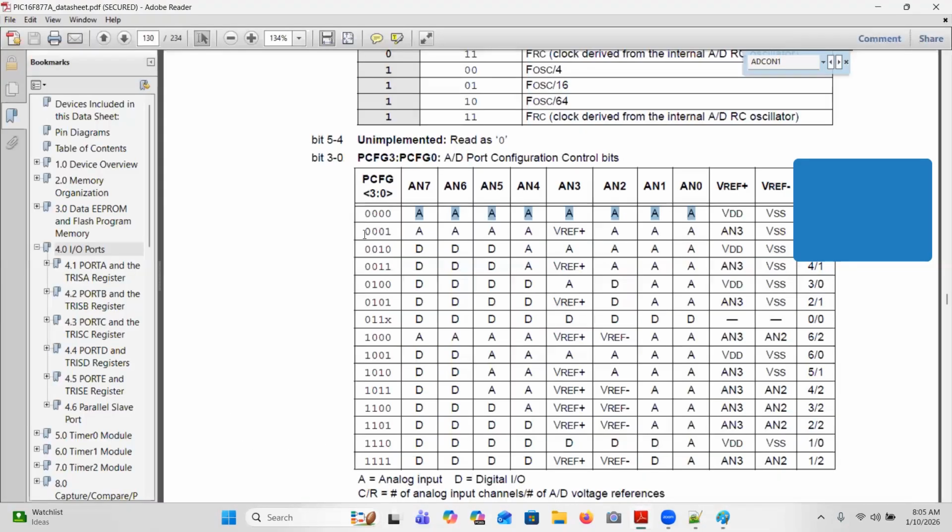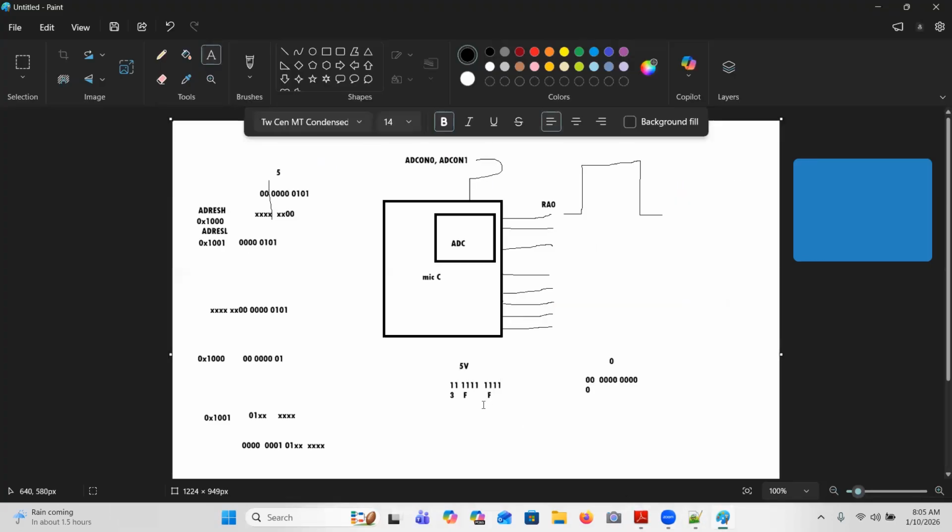But here, when you set only the first bit of this PCFG, meaning when the value is 0001, you have to supply the voltage to be used to represent the maximum value. Meaning, for example, let us say I supply 4 volts in VREF, then that is my maximum. My minimum is 0.